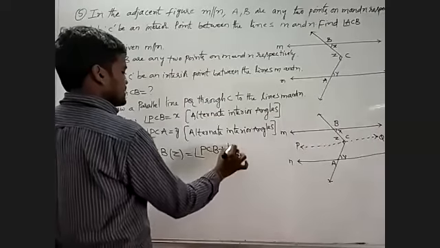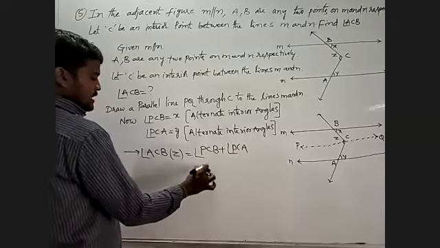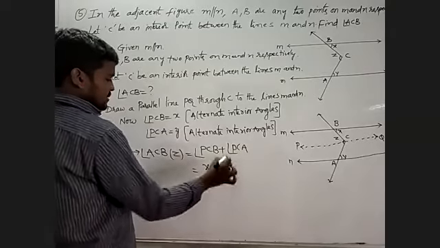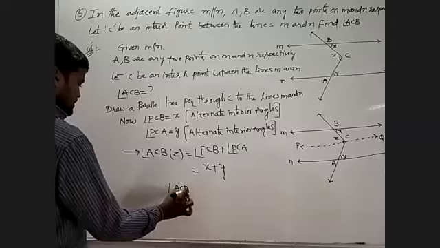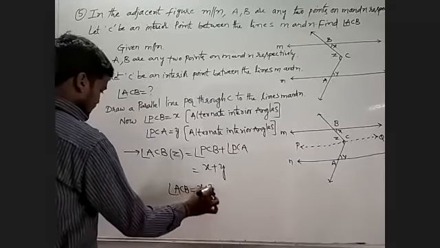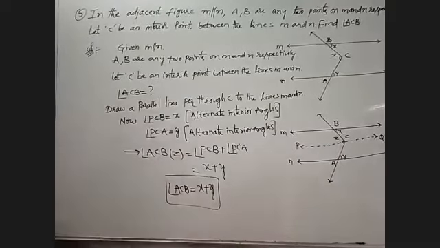Angle PCB is X, PCA is Y. That is, angle ACB is equal to X plus Y. I will explain the next one after this.